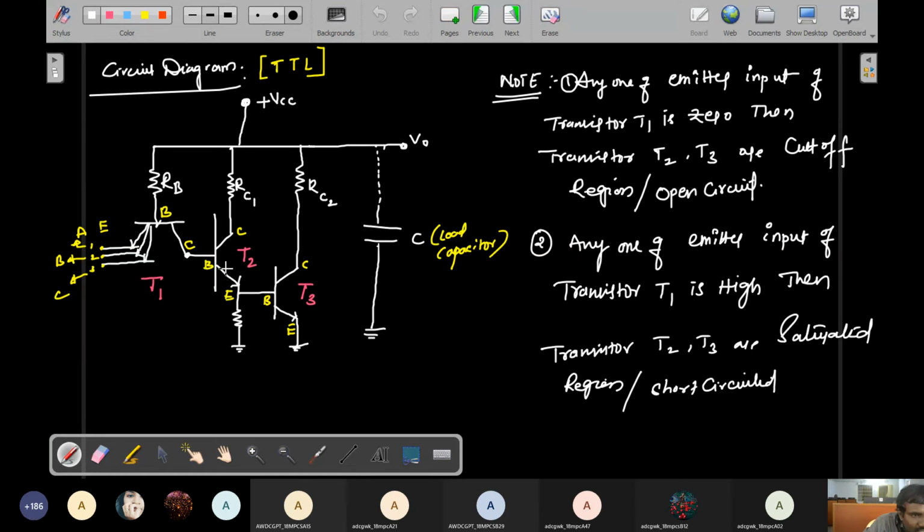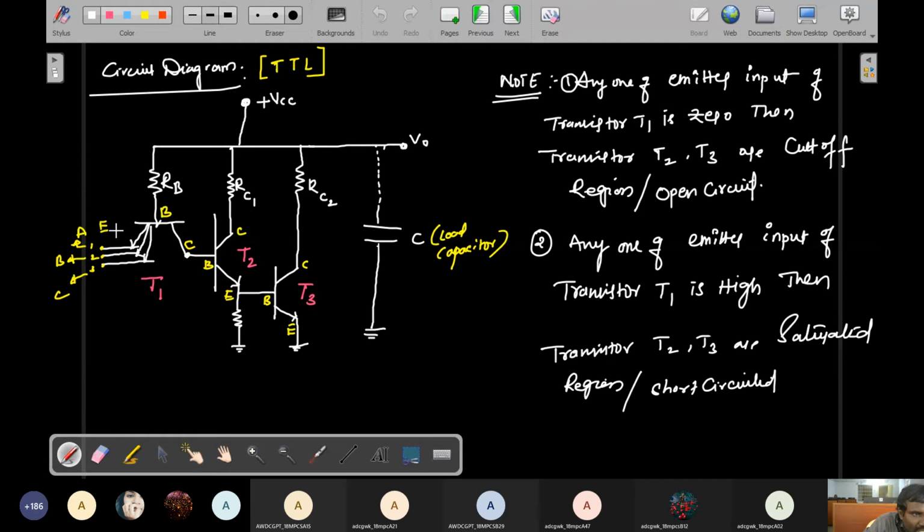Understand? This is the base of the second transistor, and the first transistor's collector current is very less because I am using one of the emitter inputs as 0. The emitter terminal is connected to the base terminal, and that is a forward bias, while this is a reverse bias.